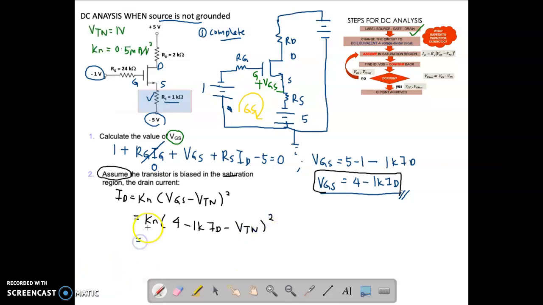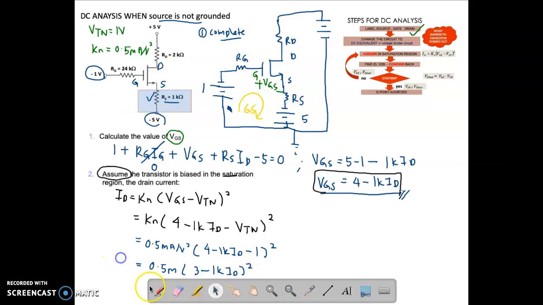Okay, so Kn and VTN will be given. So what is your Kn here? 0.5 milli A over V squared. 4 minus 1K ID minus what is your VTN? It is 1, squared, right? So you can get here 0.5 milli, 4 minus 1 is 3, minus 1K ID squared.